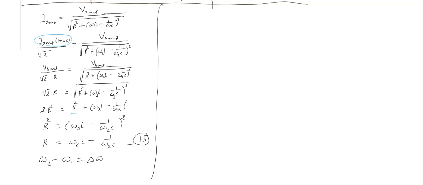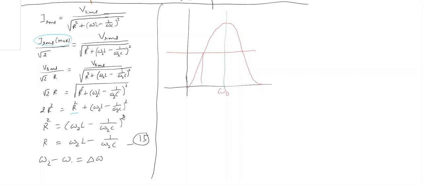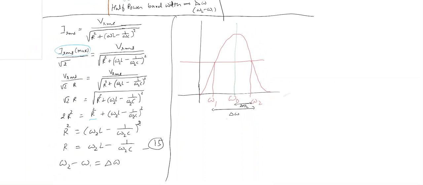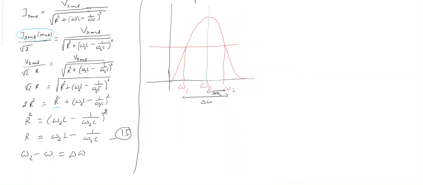And then in the resonance curve, if I say that this is omega 0, let this be omega 1 and omega 2, and if this gap is regarded as delta omega, I should be able to say that this gap is delta omega by 2.